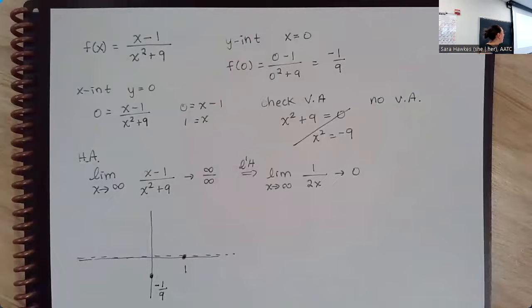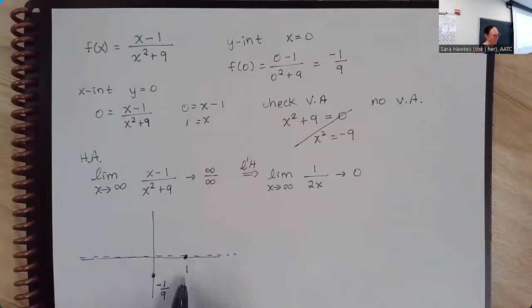That's almost enough information for me to graph this. What I don't know is which side my relative minimum is going to end up on. So I'll do a little bit more work to figure that out.